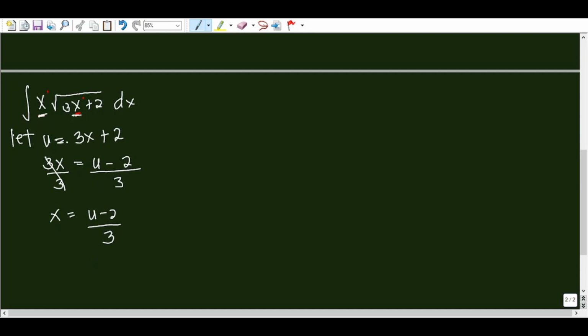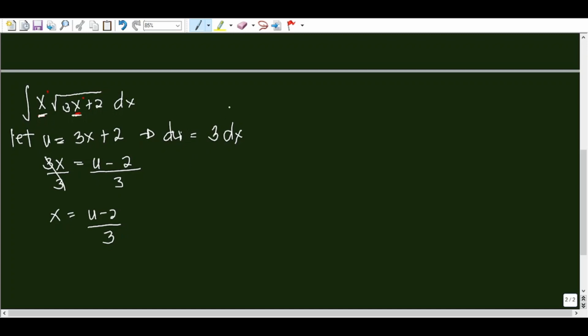But earlier we took the derivative, and do not forget that. If we take the derivative of u, that is equal to 3 dx. Do not take the derivative of u from this equation, because this is the equation for x. We want the derivative of u, so you should use the equation of u to get the derivative.